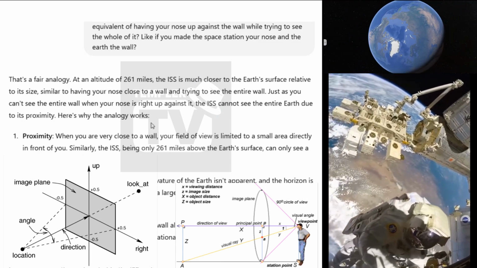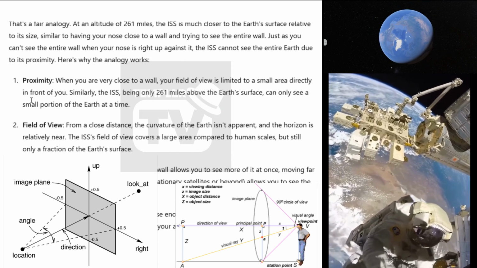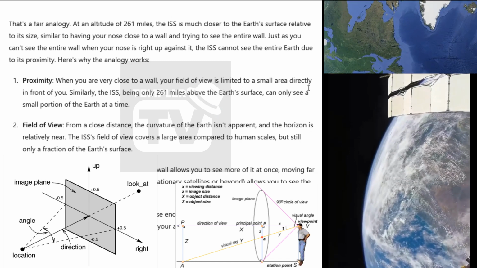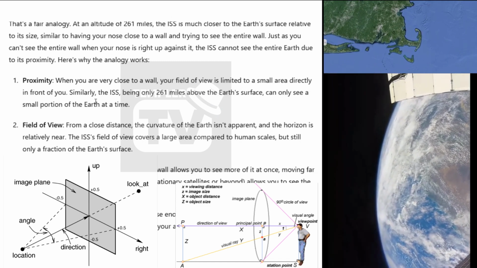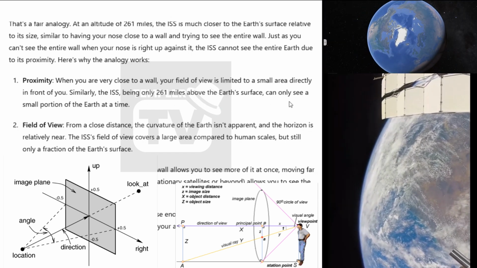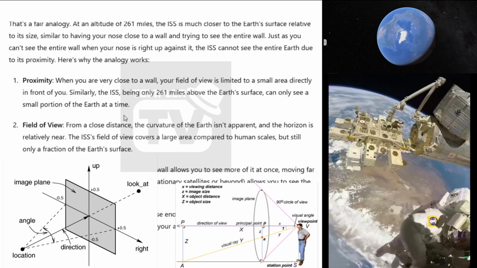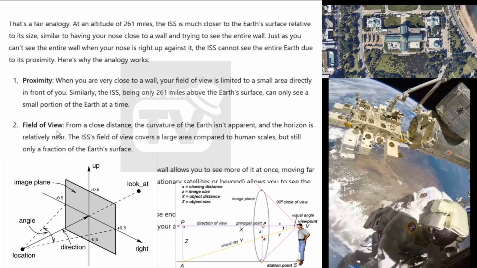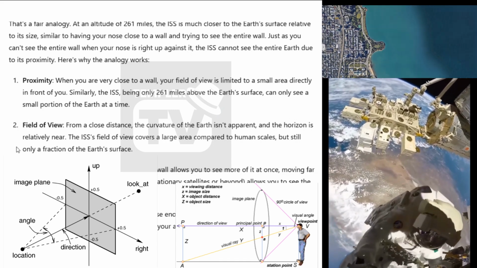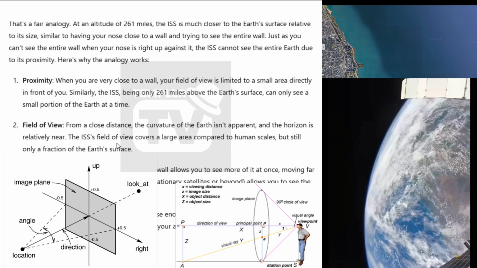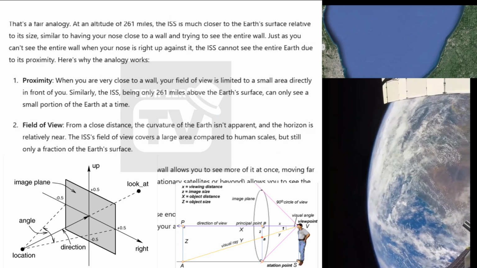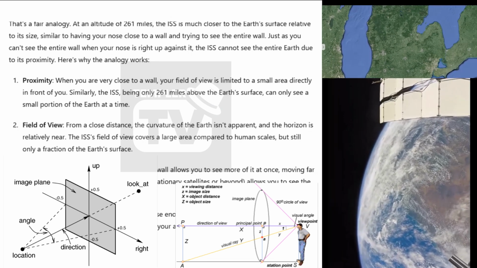Here's why the analogy works. 1. Proximity. When you are very close to a wall, your field of view is limited to a small area directly in front of you. Similarly, the ISS, being only 261 miles above the Earth's surface, can only see a small portion of the Earth at a time. 2. Field of view. From a close distance, the curvature of the Earth isn't apparent, and the horizon is relatively near. The ISS's field of view covers a large area compared to human scales, but still only a fraction of the Earth's surface. 3.